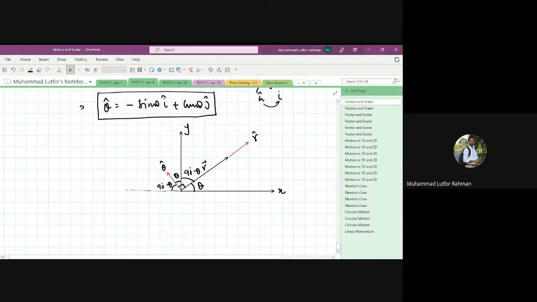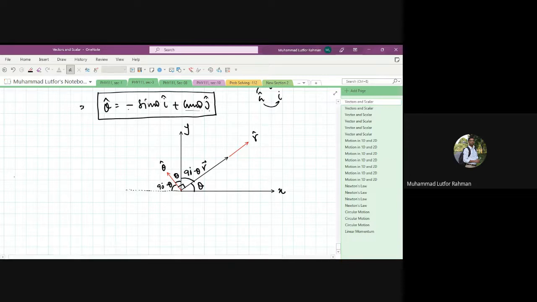Taking that with the positive y-axis creates an angle, so I write down cos theta z hat, and it is 90 degrees minus theta. Cos of 90 degrees minus theta would be sine theta i hat, because it's towards the negative x-axis, so it becomes minus sine theta i hat.